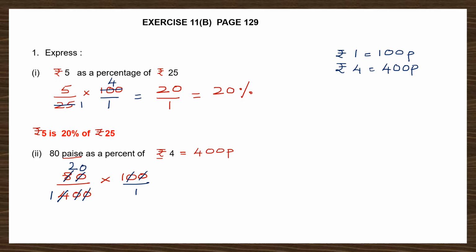So 4 into 20 is 80. So now let me multiply the numerators. 20 and 1. 20 ones are 20 and the denominators, 1 ones are 1. 20 by 1 is 20 and let me put the percentage sign. So the answer is 80 paise is 20% of 4 rupees.